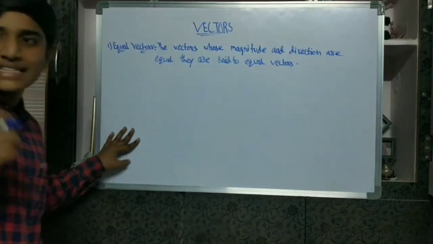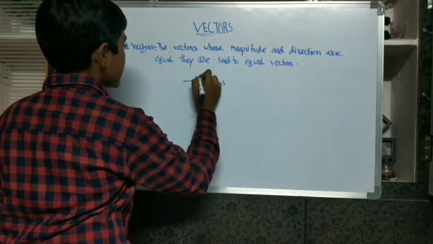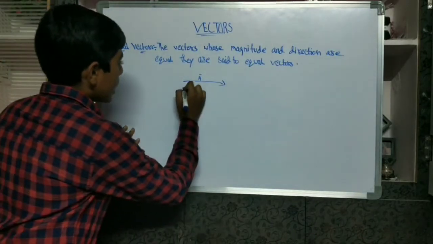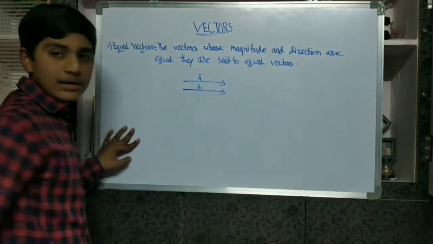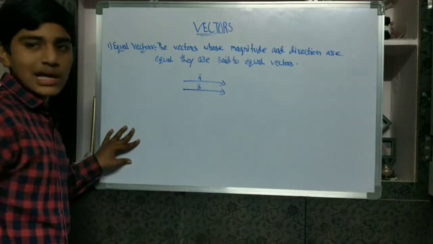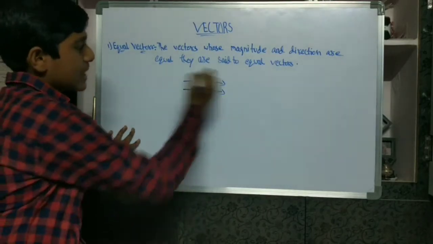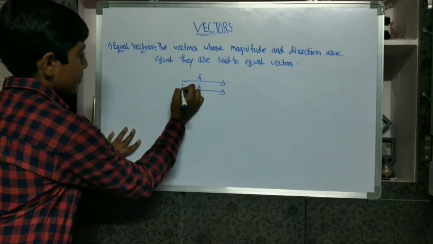So let us take an example. This is a vector A bar and this is another vector B bar. If you observe here, these two vectors are in the same direction, that means they are having the same direction and magnitude.